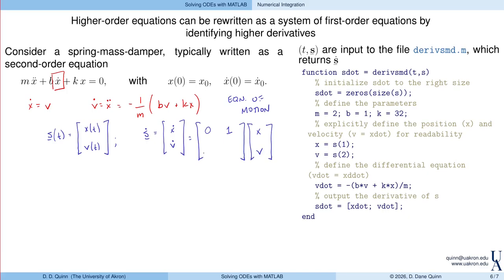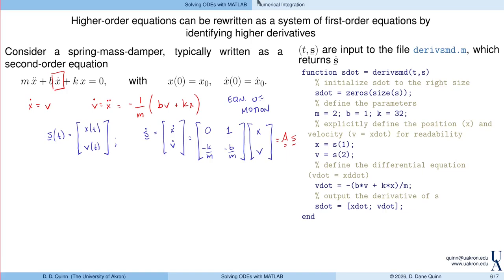So x dot is equal to v. v dot is minus b over m times v, and then minus k over m times x. Right, so really, this looks like a matrix times the vector of states, S.